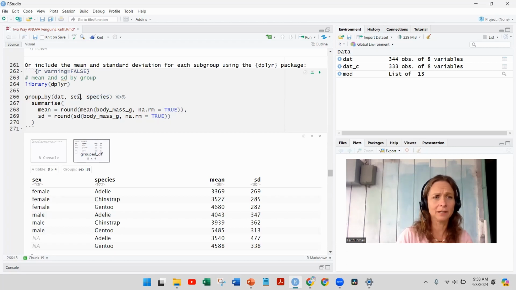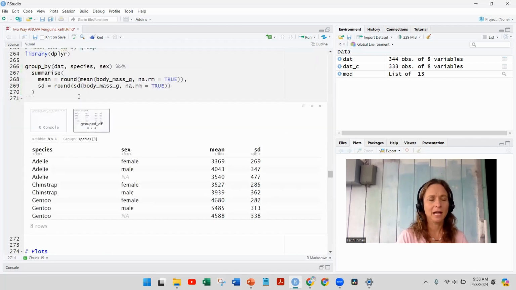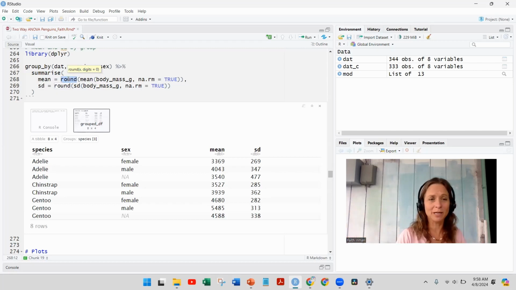Actually, let me change this again to species by sex, because I think that's more interesting to look at it that way. Okay, right? And we're going to summarize. We're going to get the mean. And here, notice I put this round, so we're not going to get so many decimal points. Round of the mean of the body mass, and then NA removed equals true.